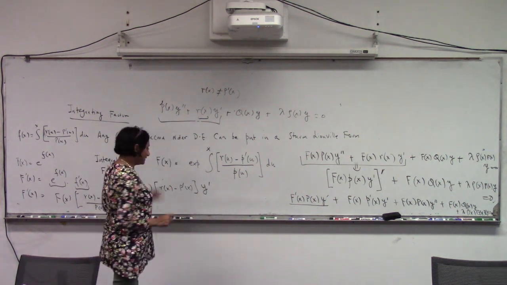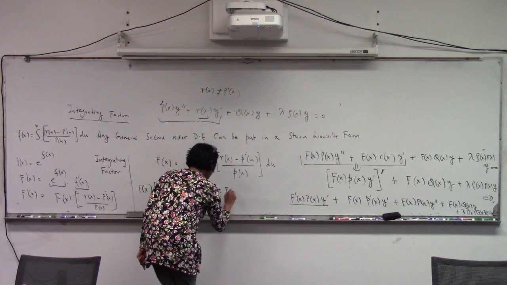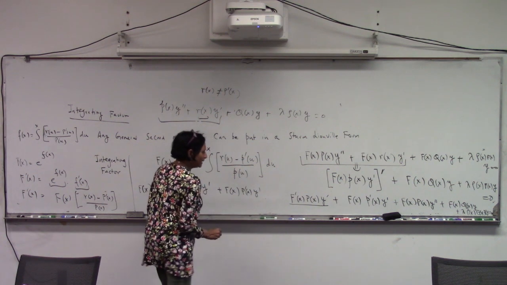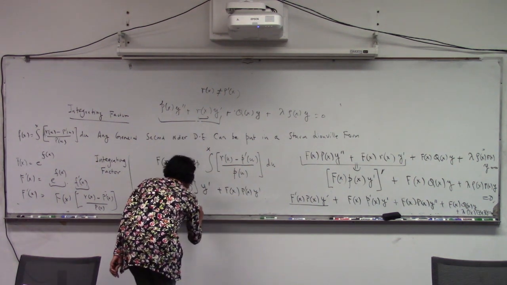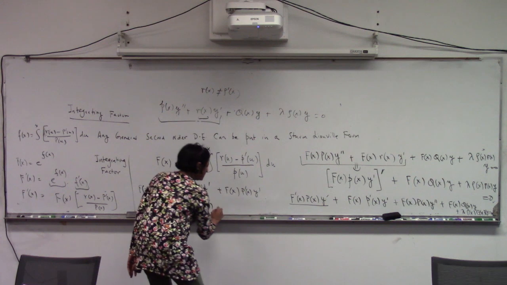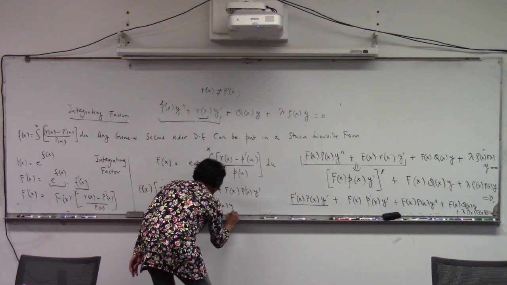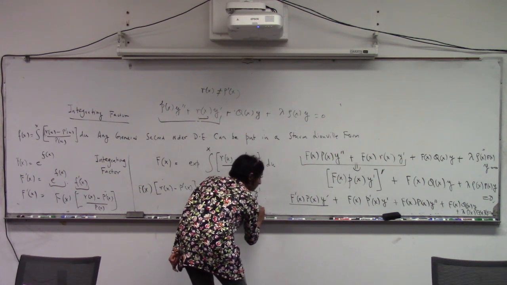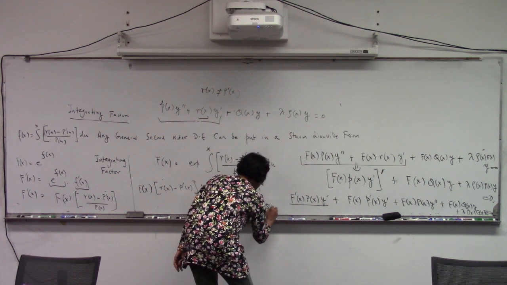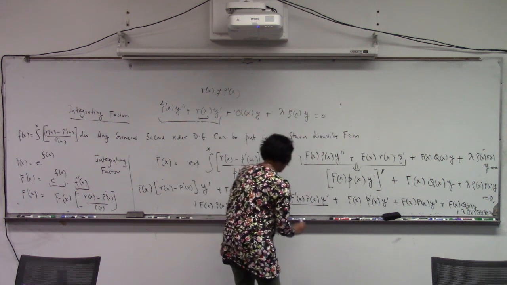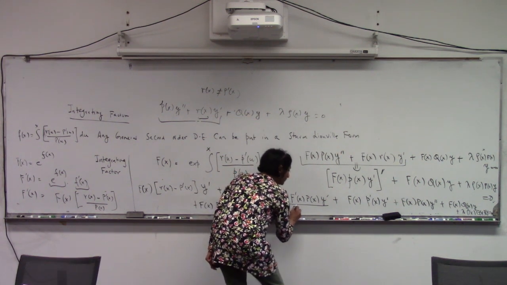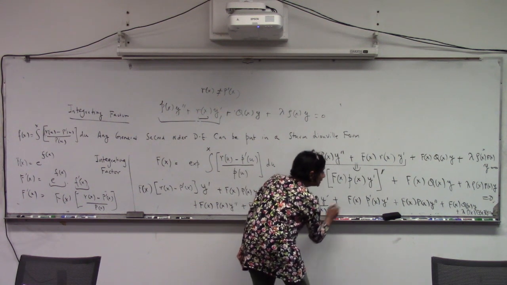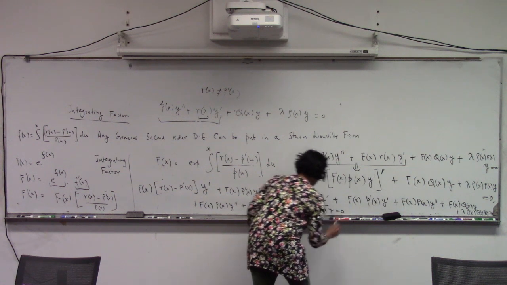So I have it like that, plus f of x, p prime of x, y prime, plus all those terms, f of x, p of x, y double prime, plus f of x, q of x, y, plus lambda rho of x. The rest is the same, okay? F of x, y equal to 0.